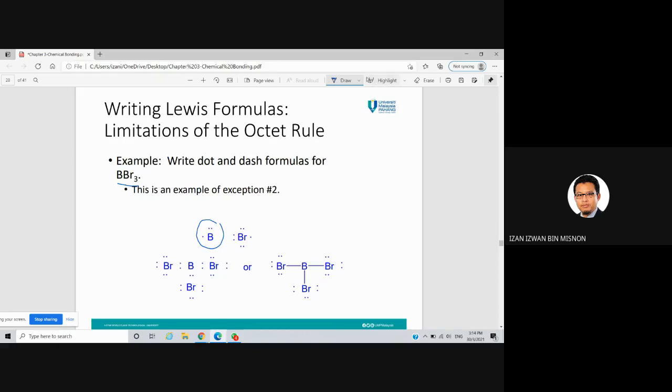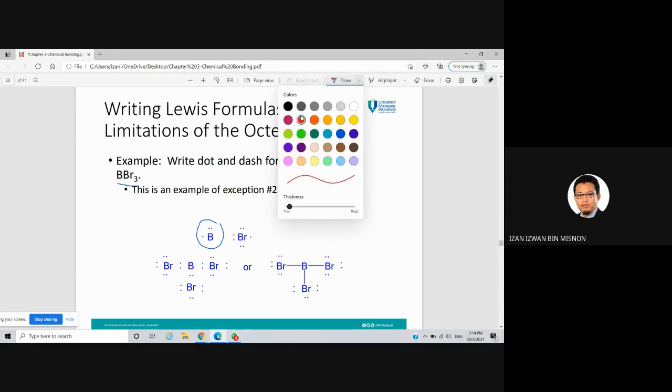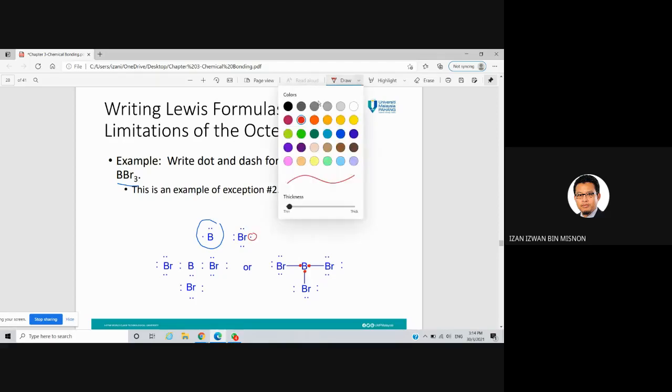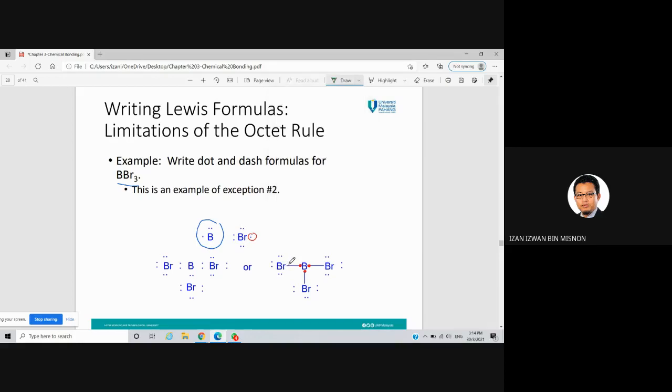So we can draw it like this. 3 electrons originate from boron, and 1 electron from bromine. These will be used for the bond formation. Since 1 electron needs to be shared between bromine and boron, only then will it form the bond.